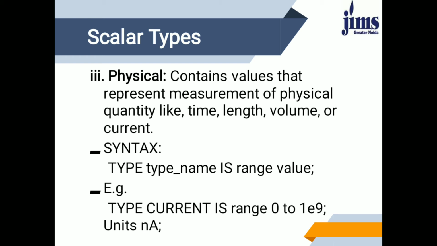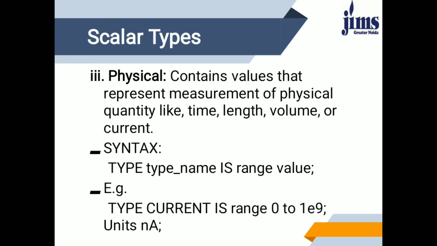For example, type time is range from this to this. You can also define units: femtosecond, picosecond, nanosecond, microsecond, millisecond, seconds, minutes, and then we need to add those units. So this way you can define the range as well as the units of types.